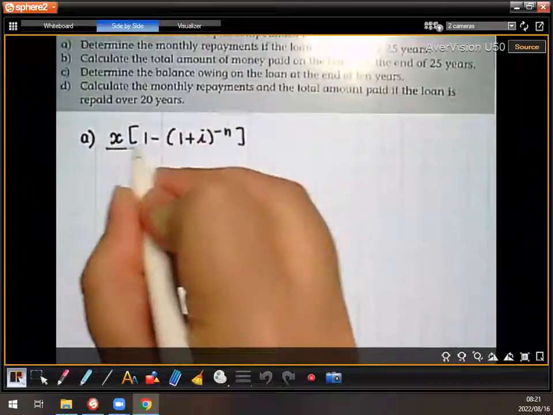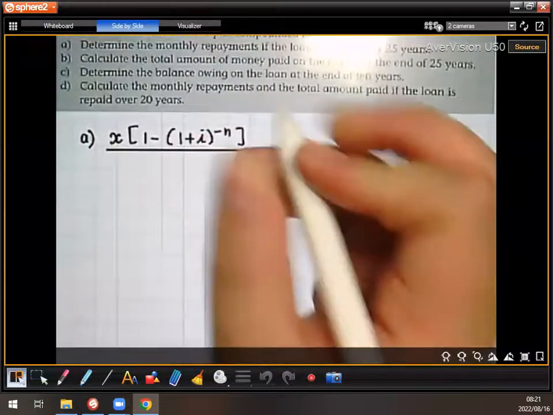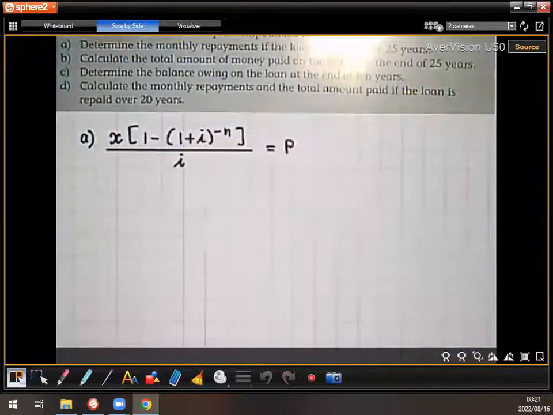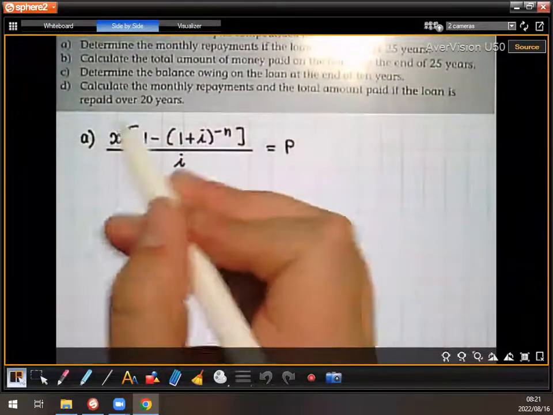Remember, this is the one with a negative exponent, which is the first time we've seen that. And that is then equal to the present value. It is fine if you write it the other way around, it doesn't matter. I just like having a lot of solving skills here.